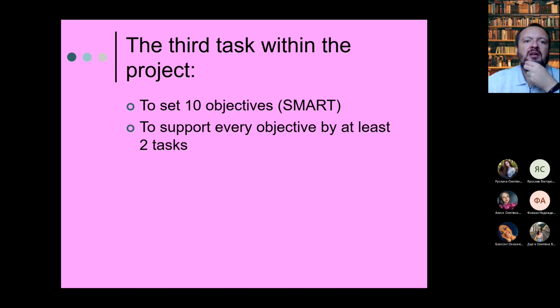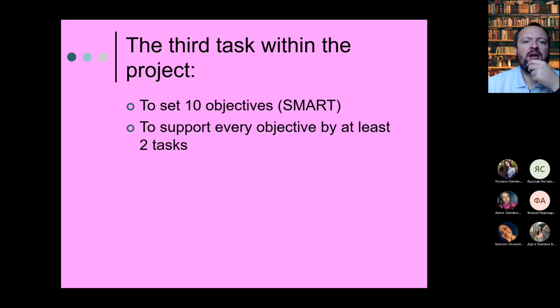And the third task within the project is to set 10 objectives with SMART technology, and to support every objective by at least 2 tasks.